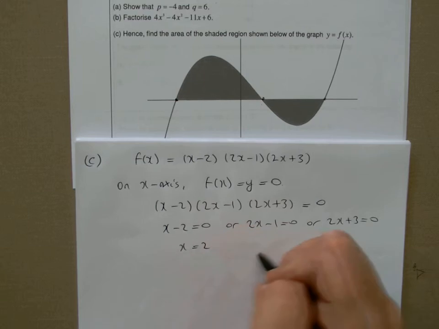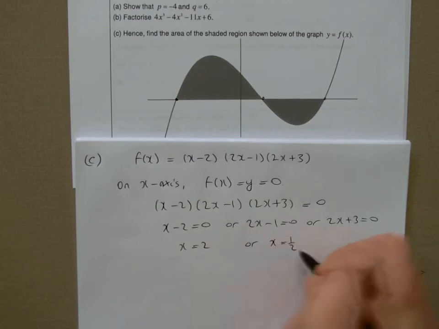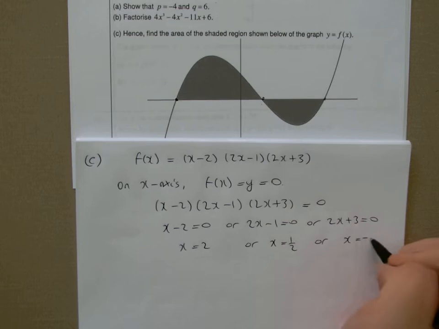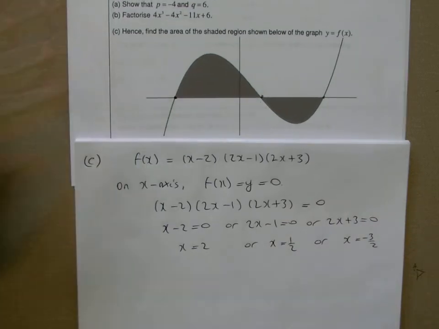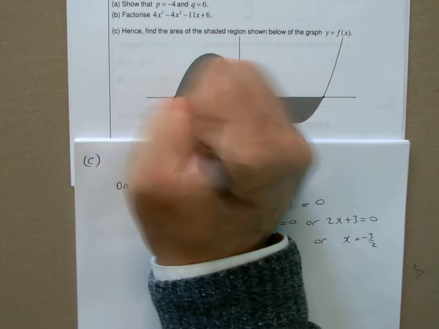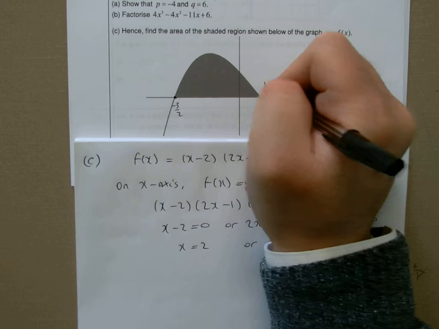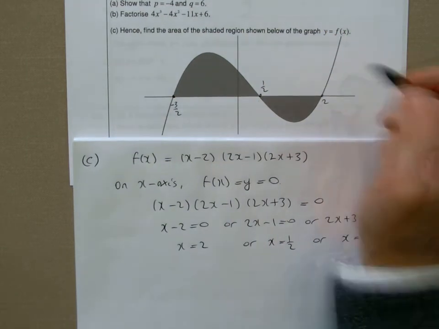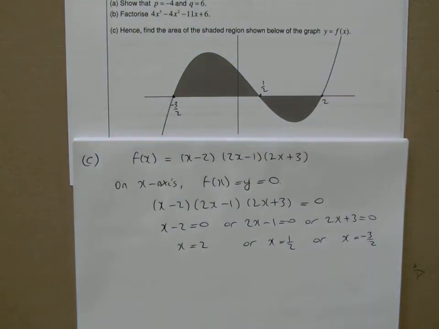So x will equal 2, or x will equal 1/2, or x will equal minus 3 over 2. Okay, so those are our values there. So this is minus 3 over 2, this is 1/2, and that's going to be 2.